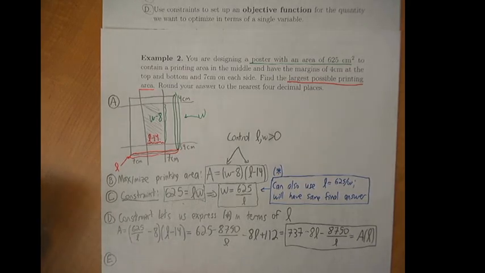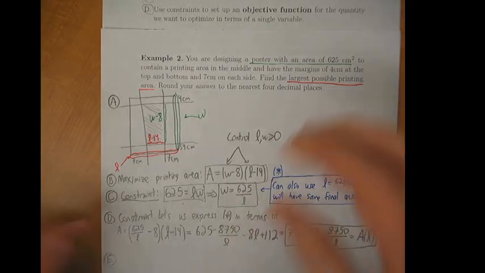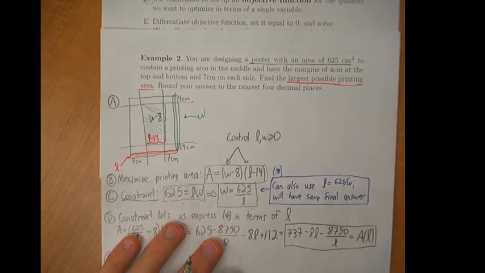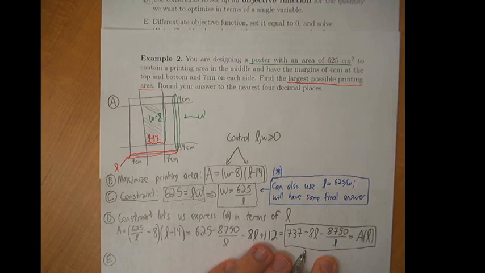Okay, so now that we have that, let's move on to step E, which basically says that now that we have this objective function, let's differentiate it, set it equal to 0, and solve.